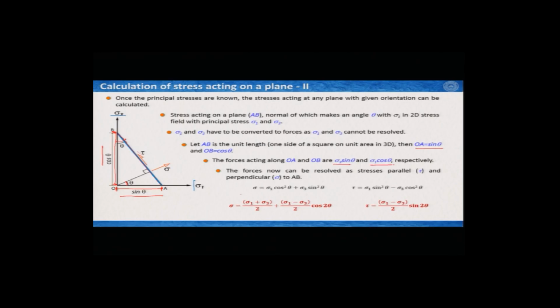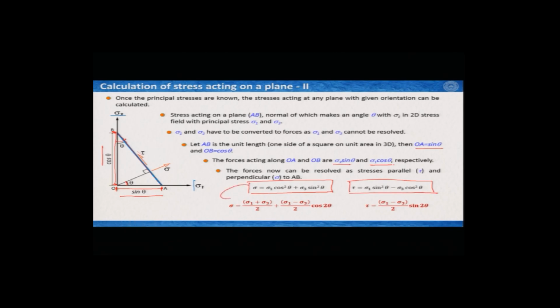So therefore, we got the forces along OA and along OB, and if we have that, then we can actually calculate these forces. Out of these forces we can transfer it to the stress because we have the areas. So therefore, we can finally figure out what would be your normal stress component, which is sigma here, and what would be your shear stress component, which is tau here.